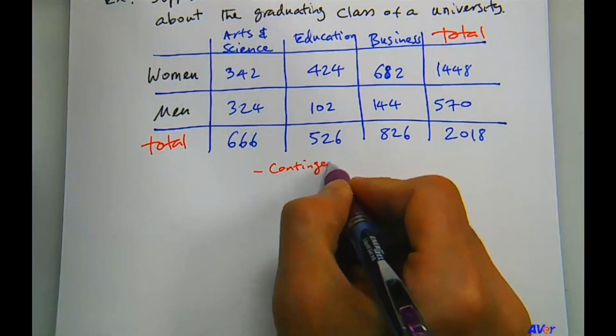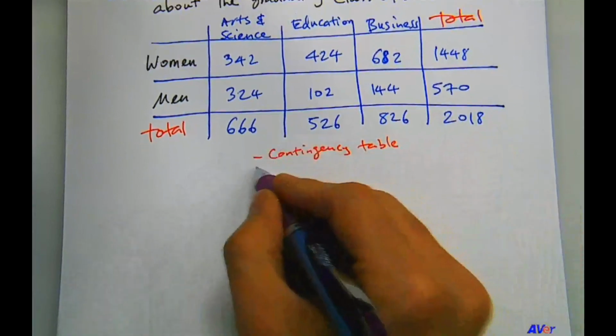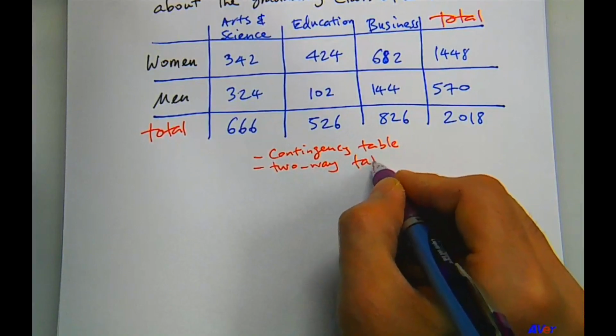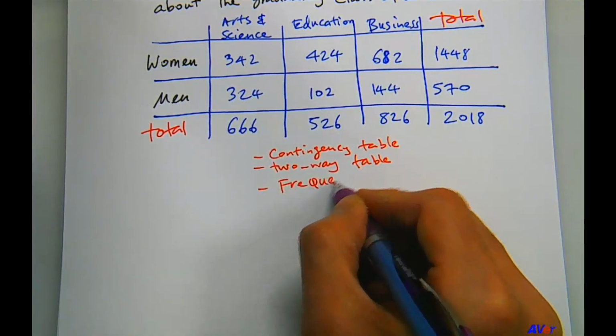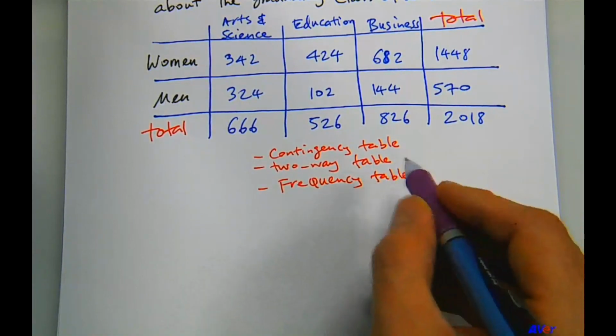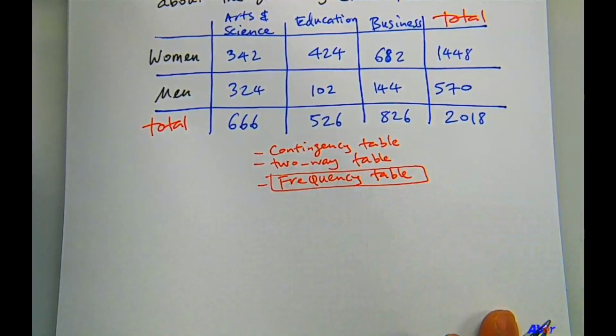Okay, so given this data, let me list the names by which this table is known. Contingency table, two-way table, also the frequency table, which I prefer to call it. This one is better suited for this data.